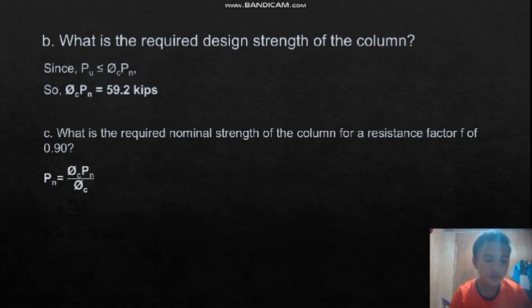The required nominal strength is equal to the design strength over the resistance factor. By substituting, 59.2 over 0.90, we get Pn, or the nominal strength of the column, equal to 65.78 kips.